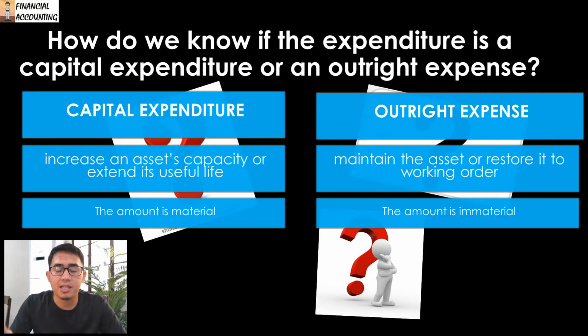So the discussion of materiality would depend upon the judgment of the company or the accountant of the business, whether in his judgment the amount is material or immaterial. There is no fixed or specific amount that we can say is material or immaterial. Again, that should be left to the judgment of the company, or if the company has a policy, then that should be followed.